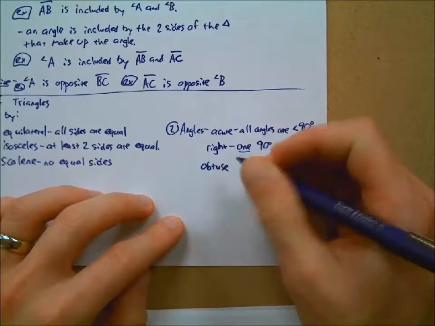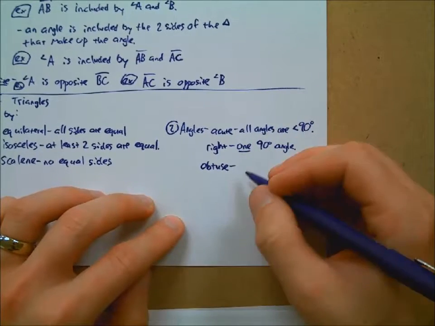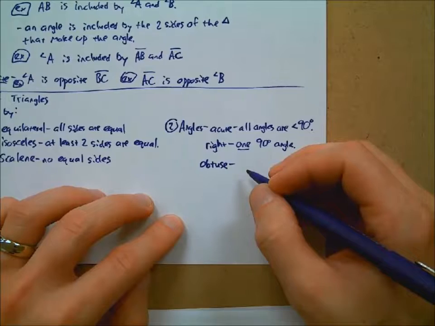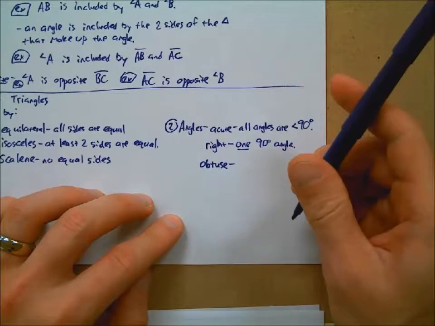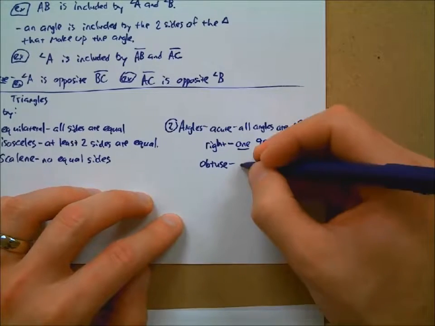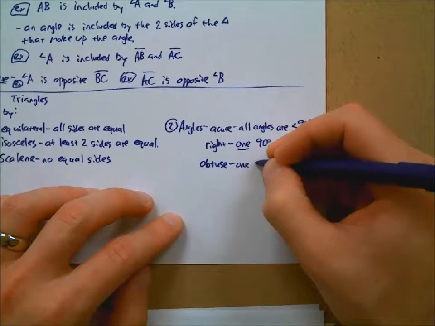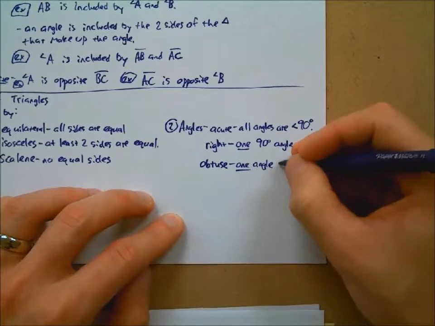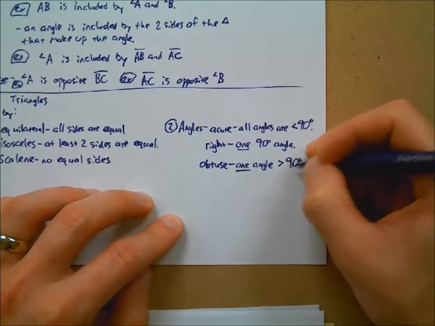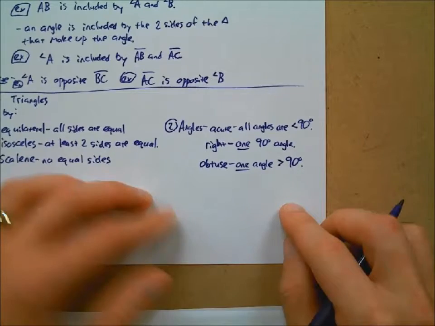Obtuse triangle. How might we define this? One angle over 90 degrees. So I'll use the greater than symbol and then 90 degrees there to make it easy to write. One angle greater than 90 degrees. That's right.